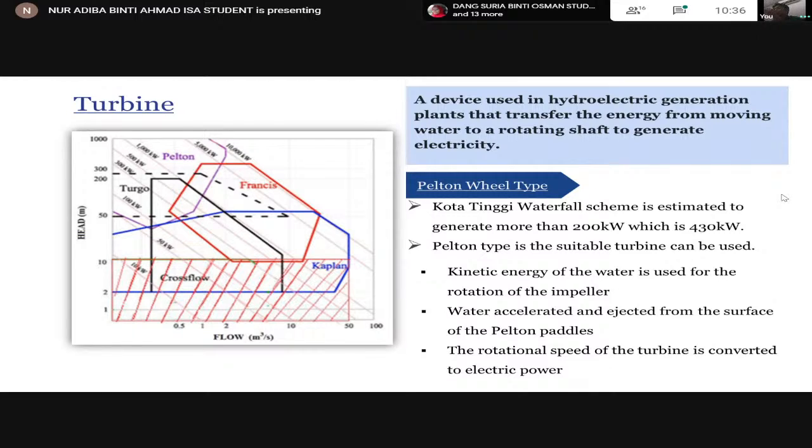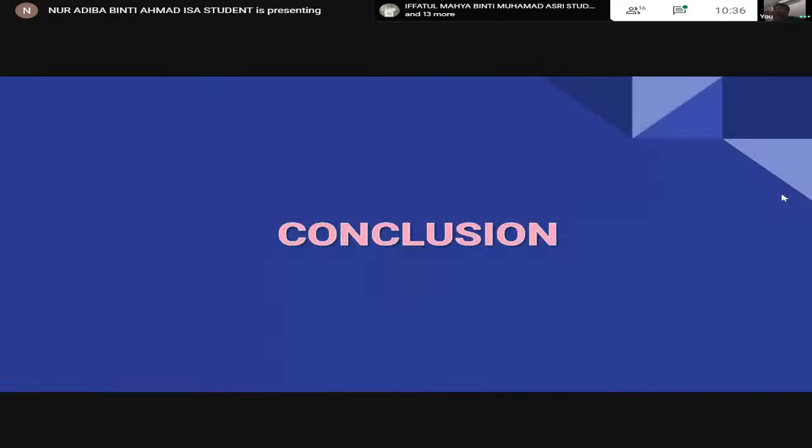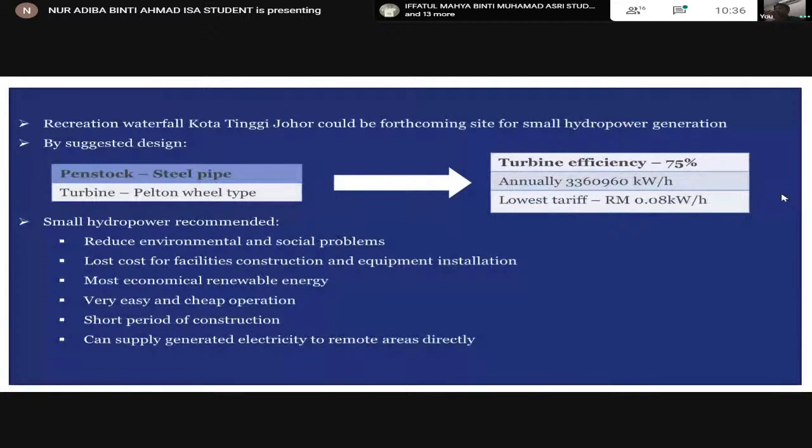And if Doctor see our conclusion, we achieved the objective because the objective we want to focus is to design a small hydropower with the optimal energy in the water and with the submerged economic cost. So we already mentioned in the objectives that we reduce the environment and also the low cost for facility construction and equipment installation.